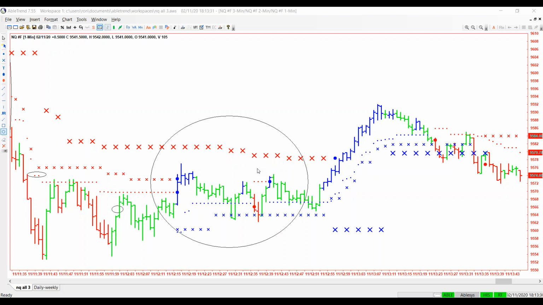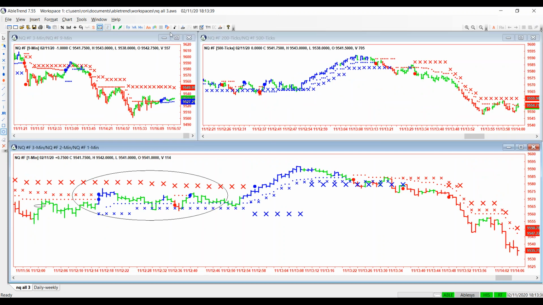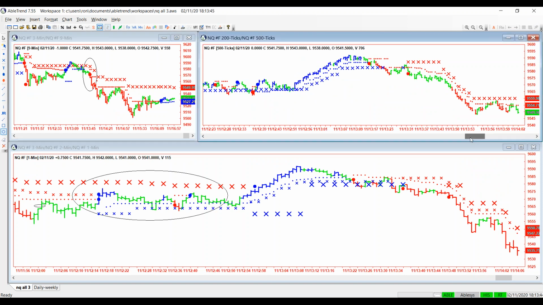So if you're getting closer to the 2 o'clock number, and you see the 3.9 also short, which it was right here, and the tick chart is short at that time, which it is right here, well, you can get in a little before 2 o'clock.